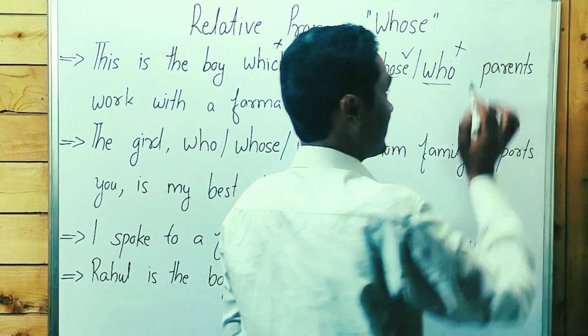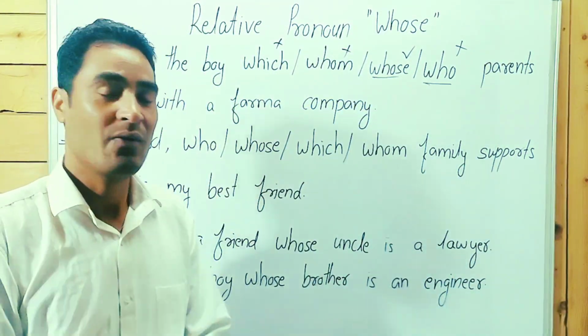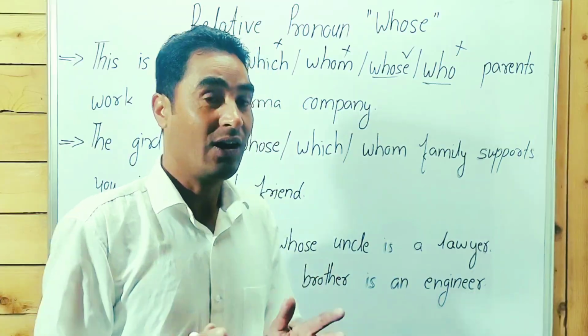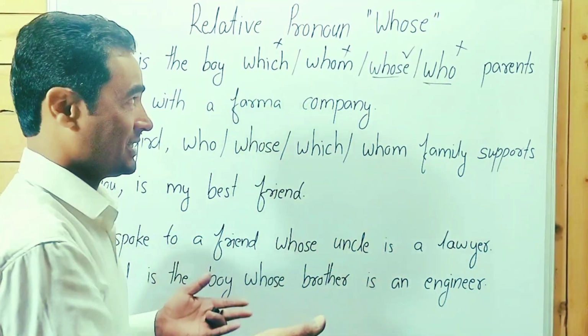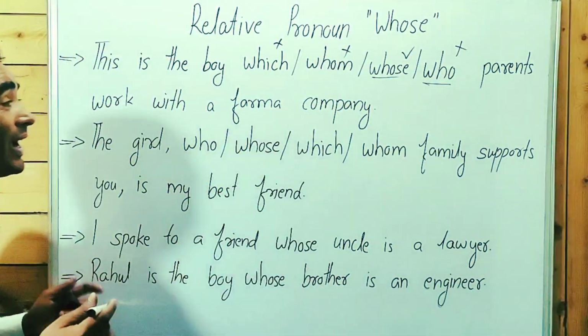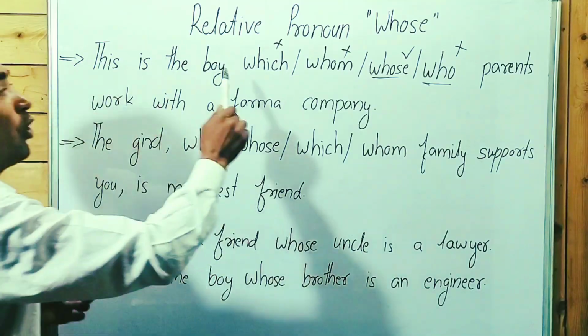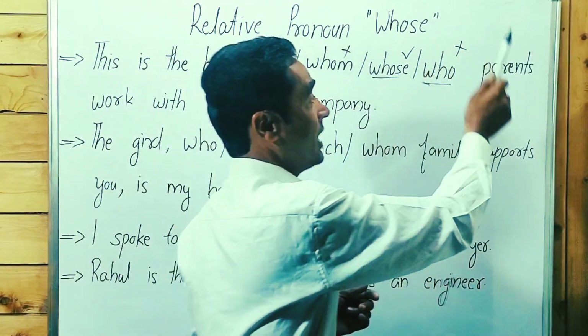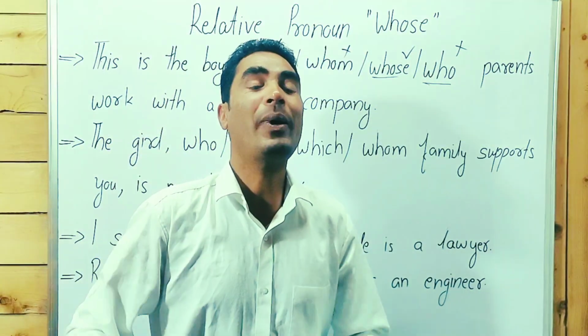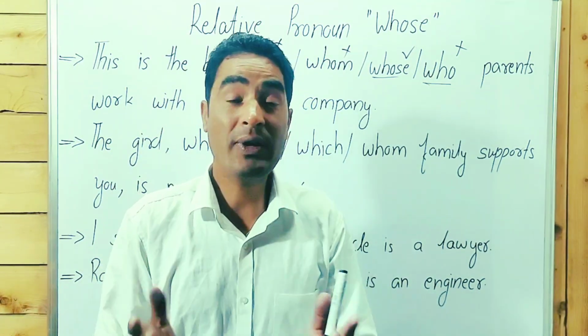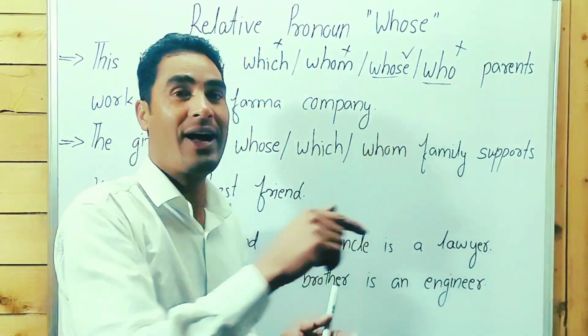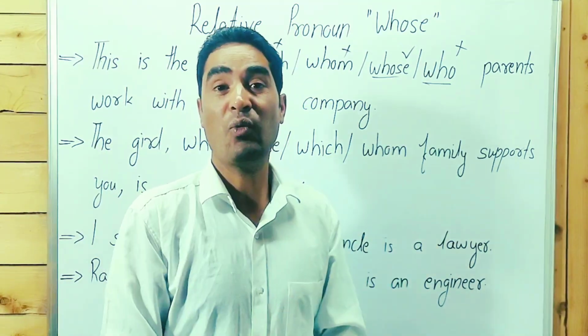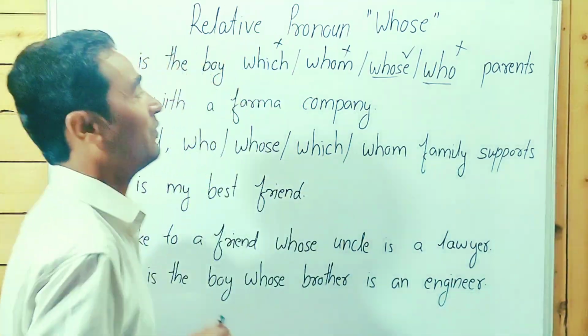"Who" is used for the subjective case for human beings, but not to show possession. Here in this sentence we have to show possession. This is the boy whose parents work with a pharma company, not "which," not "whom."